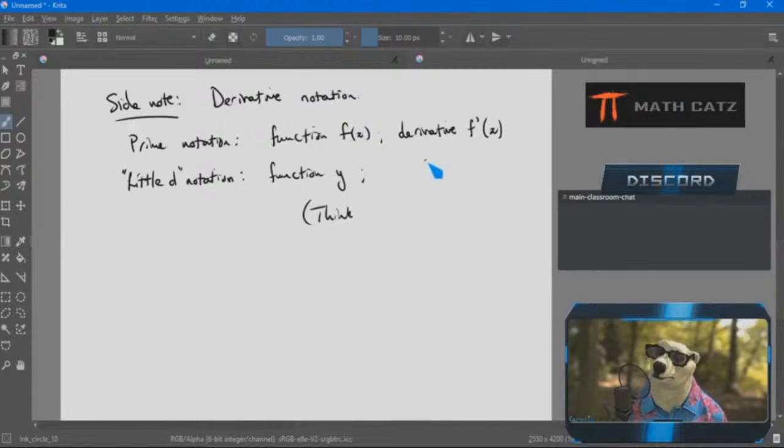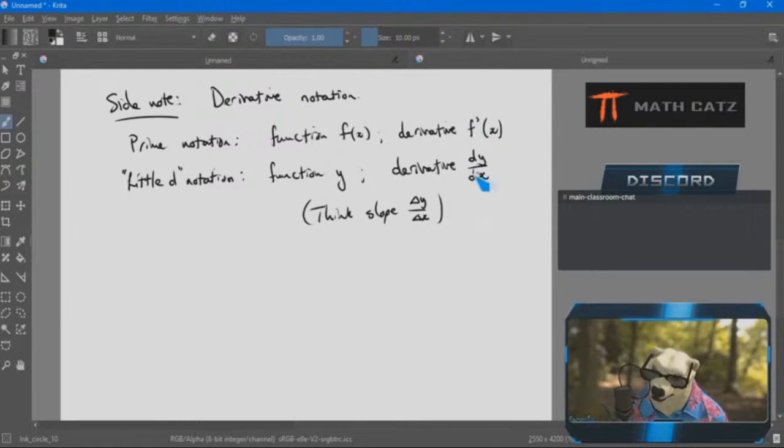The derivative refers to the slope of the tangent line. And slope is change in y over change in x, or for short, delta y over delta x. Now, that's the slope of a secant line, so I can't use this exactly. They changed the deltas to little d's, and they write dy, function name, over dx.